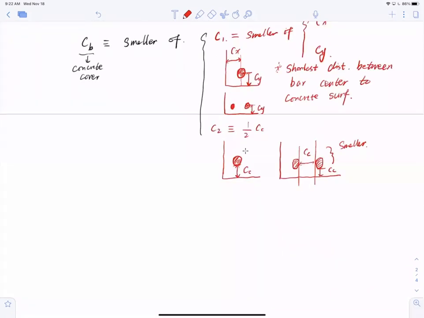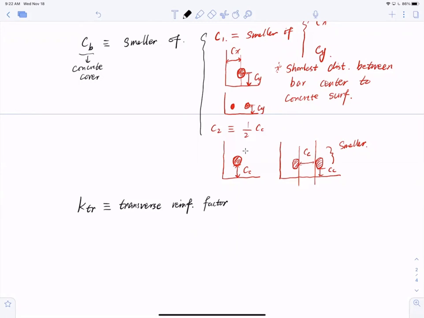All right, moving on to KTR. KTR is part of the confining factor, and it's essentially defined as the transverse reinforcement factor. In short, this represents the stirrups.